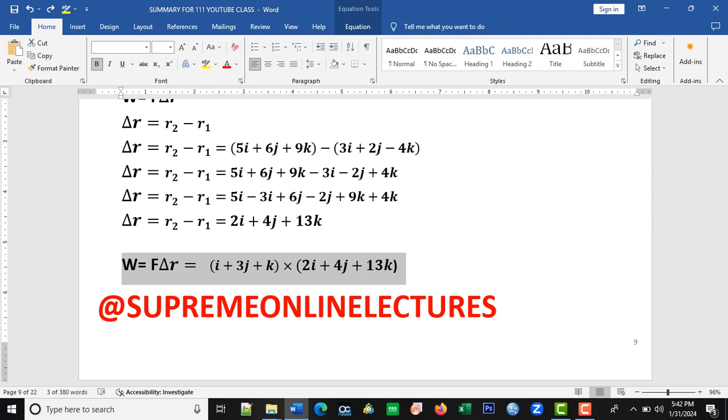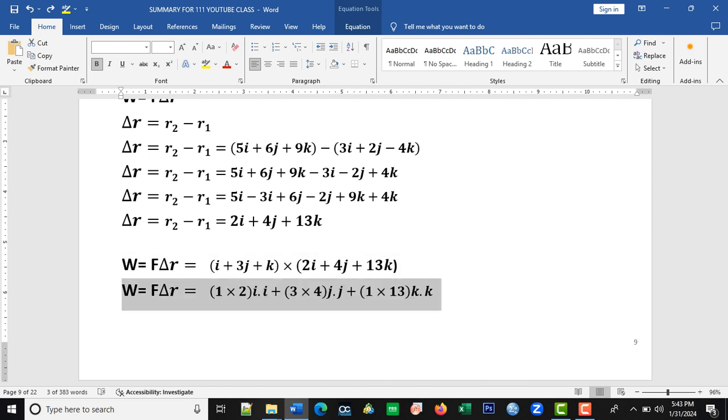When we try to simplify it, those with i will be multiplied with the ones with i, the ones with j will be multiplied with the ones with j, and the ones with k as well. So we will get this. The i here means 1i.